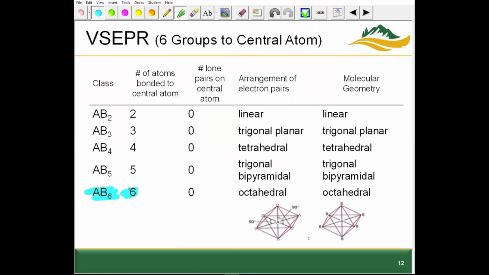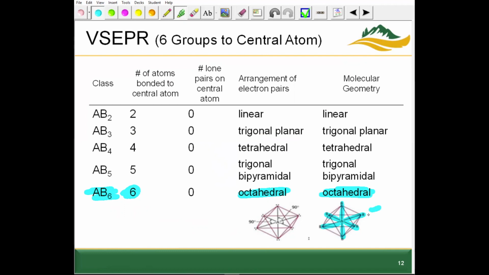Next, we're into this class, AB6. So we have a central atom with 6 bonds around the central atom. With 6 bonds around the central atom, we call this octahedral molecular geometry. Here's A in the middle, then B, 1, 2, 3, 4, 5, 6.